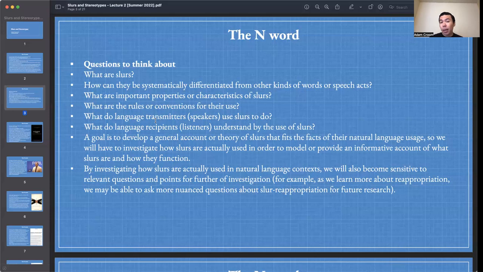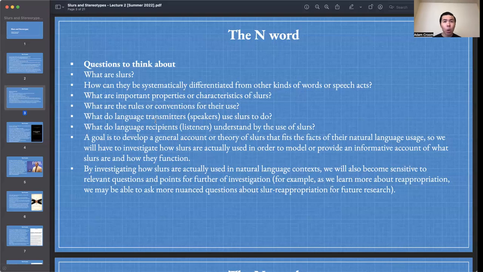By investigating how slurs are actually used in natural language contexts, we will also become sensitive to relevant questions and points for further investigation. So, for example, as we learn more about slur reappropriation or reclamation, we will then be better positioned to ask more nuanced questions about slur reclamation or reappropriation.